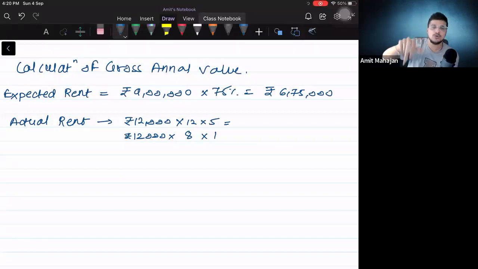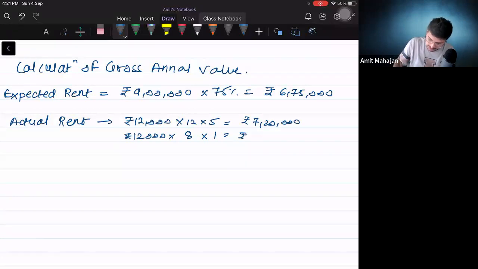So 12,000 into 8, and there was only one such property. If I add this, 12,000 into 12 into 5 gives 7,20,000, and 12,000 into 8 gives 96,000.